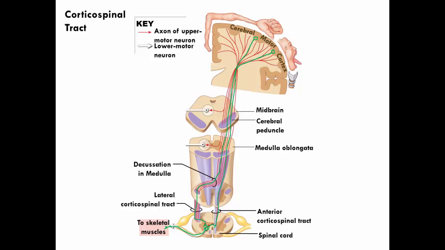So once in the spinal cord, the axon does typically swap sides and contact a lower motor neuron on the opposite side. Our lower motor neuron will have its cell body in the ventral horn of gray matter in the spinal cord. And again, its axon will leave the spinal cord to signal a skeletal muscle effector that's being innervated by that spinal nerve.